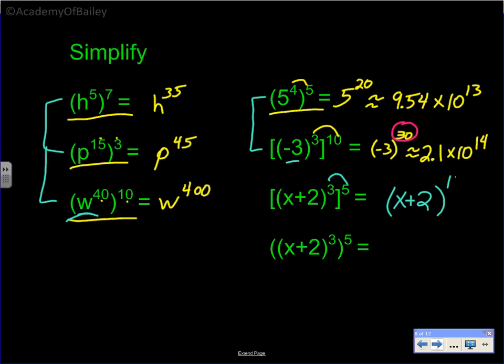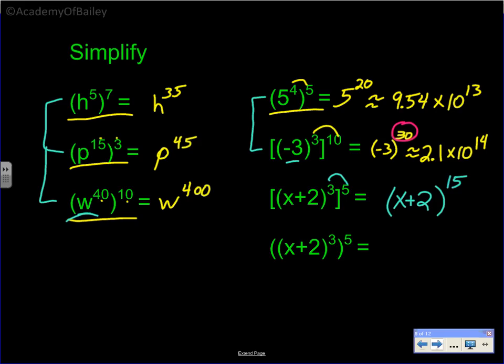You multiply them. And you have to put x plus 2 in parentheses because there's a plus sign there. You're trying to keep x and 2 grouped together with the addition sign, so you put the parentheses there.